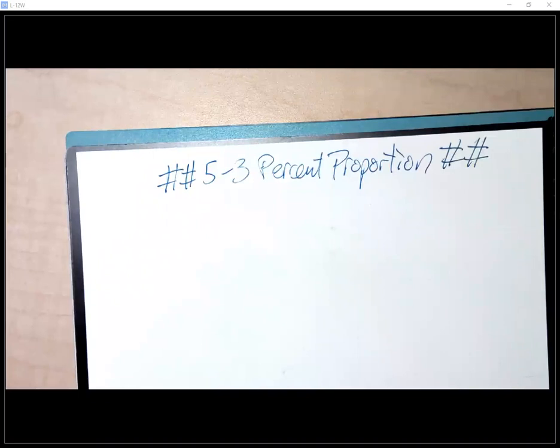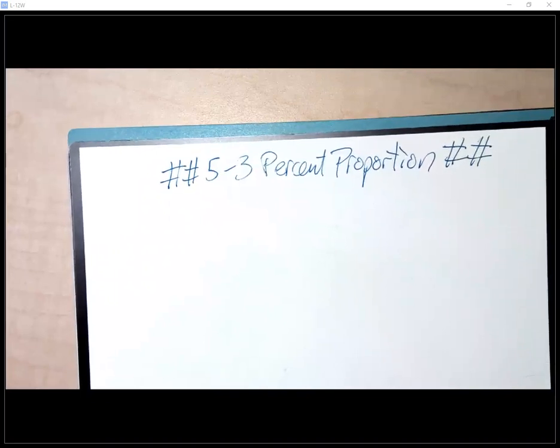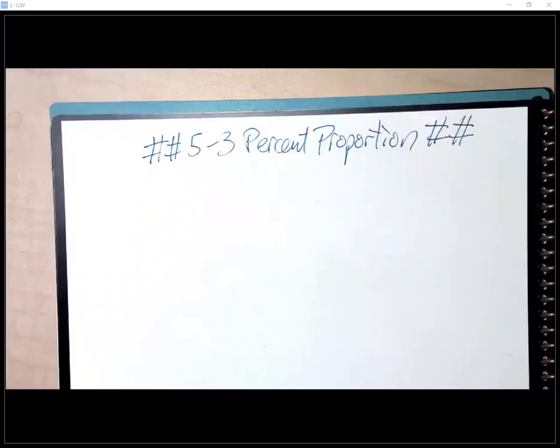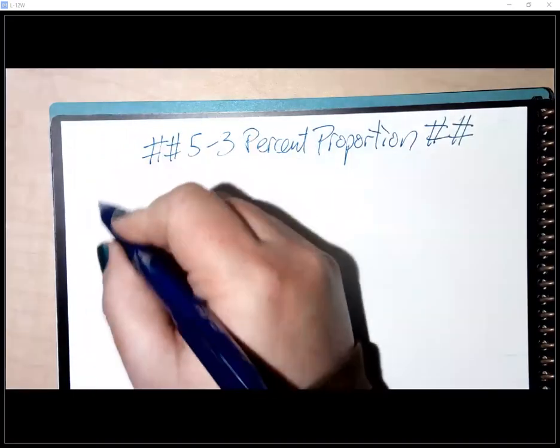Okay, the percent proportion. Do you know what percent means? I know you know what they are, but you have to define it. What does percent mean?